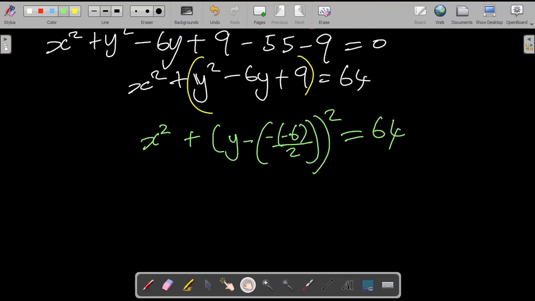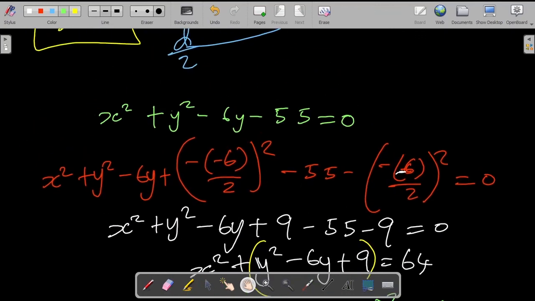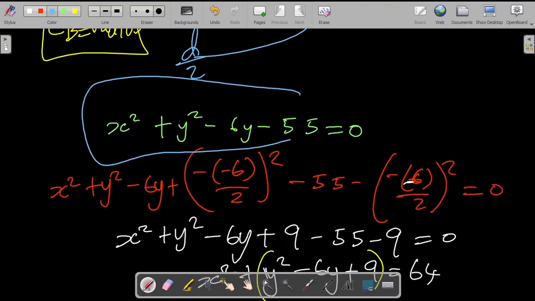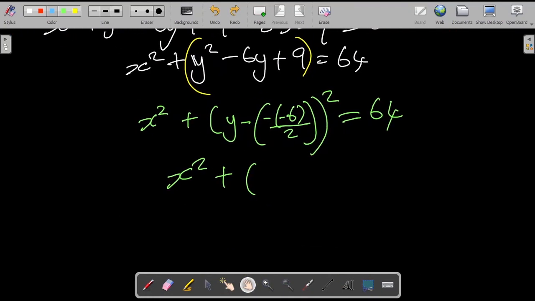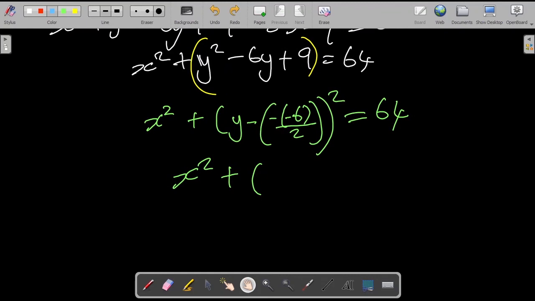I'll do that in a bit, but I just want to write the final answer. So we've now converted the original formula into the standard form which was asked for. This is how you transform an equation which is not in the standard form to the standard form. Basically, that is what we've been doing by completing the square.